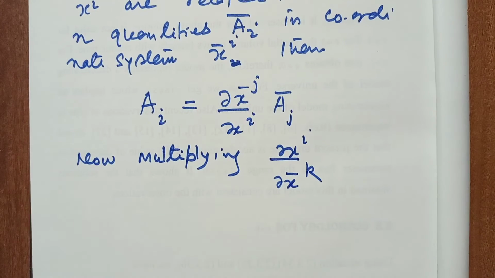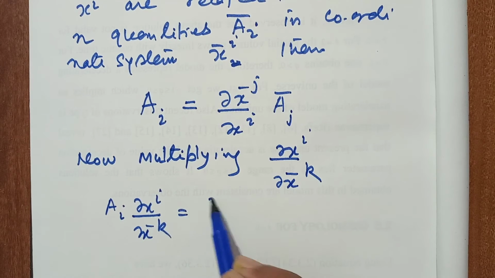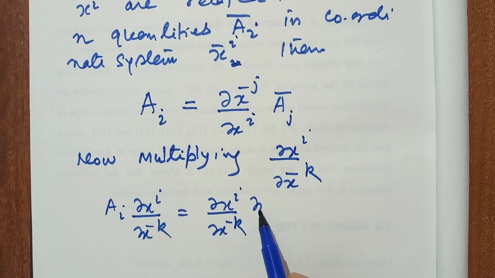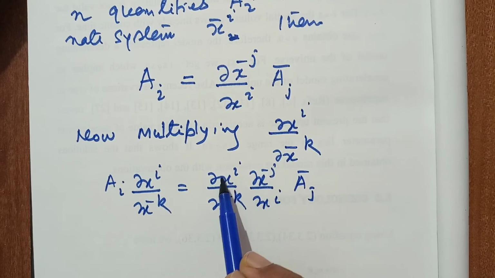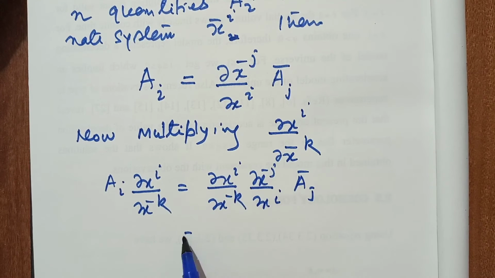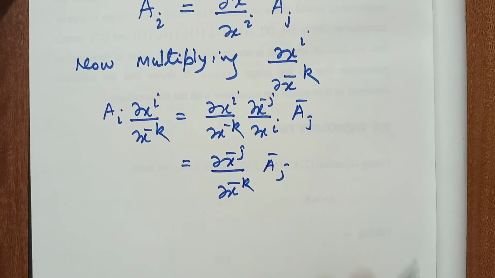Okay, so we get a_i del x^i upon del x bar k equal to del x^i upon del x bar k into this thing del x bar j upon del x^i a bar j. Okay, now this del x^i cancels, so this is del x bar j upon del x bar k a bar j. Okay, so this is Kronecker delta, so this is Kronecker delta j k a bar j.